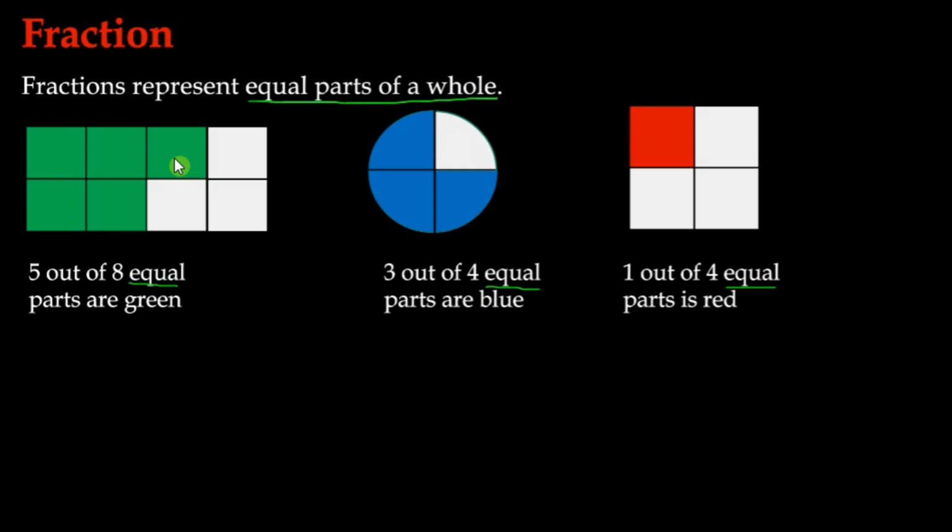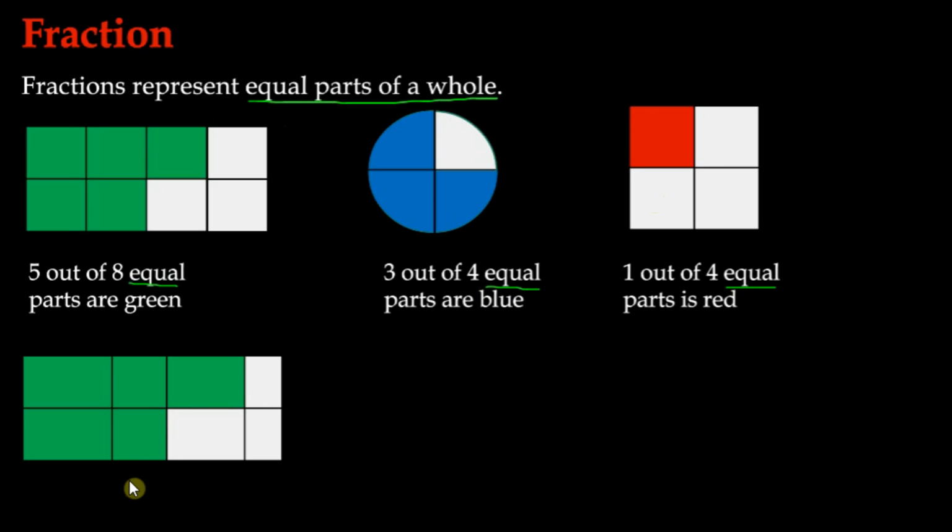Then each part is considered as a fraction of the whole rectangle. A circle is divided into 4 equal parts. Then each part is considered as a fraction of the whole circle. And similarly, each part out of 4 equal parts of the square is considered as a fraction of the whole square. What if the whole is not divided into equal parts?